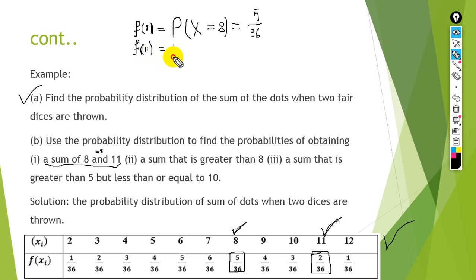So what is the probability of a sum of 11? P of X equal to 11, the probability of a sum of 11, is 2 divided by 36.